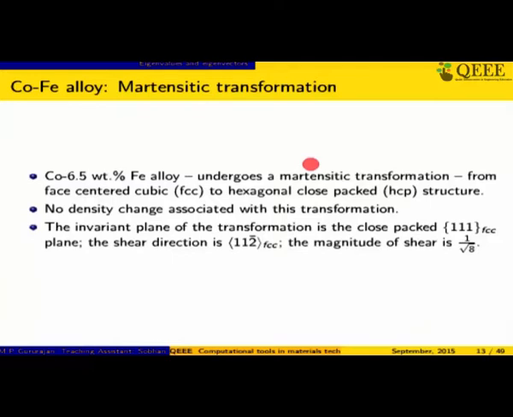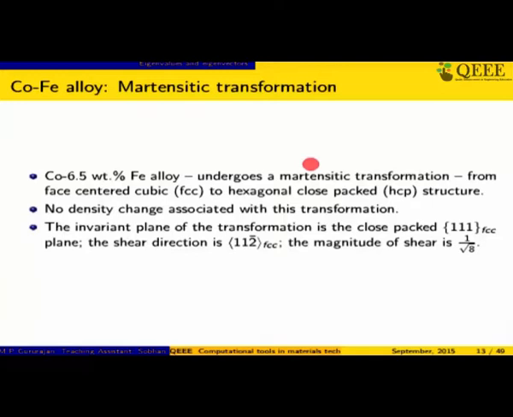What does that mean? If there is no density change associated with the transformation, that means the volume is not changing. Density is mass per unit volume, and if the structure is undergoing transformation but the density is not changing, the volume is not changing, because the same mass remains even after transformation.